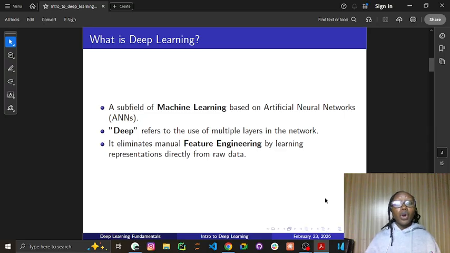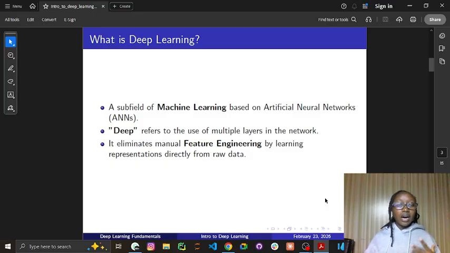We all live in a world where artificial intelligence has become the new buzzword to describe everything from a simple set thermostat to a self-driving car. But today we are peeling back the marketing layer to look at the architectural engine driving the revolution: deep learning.